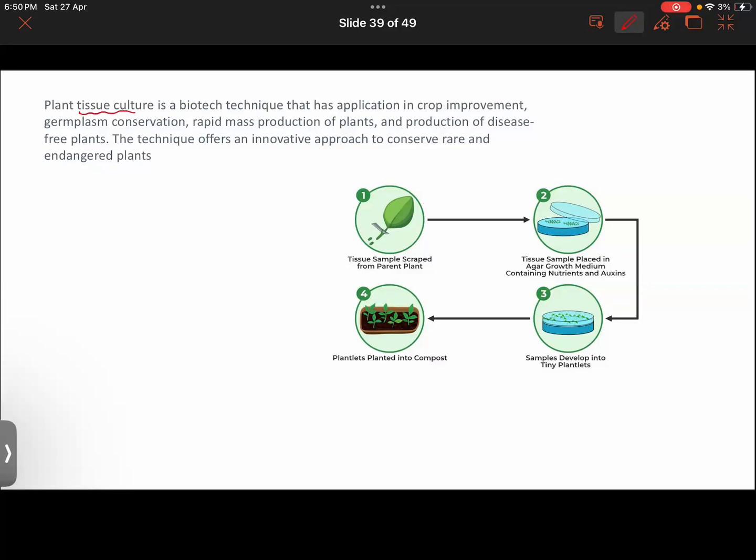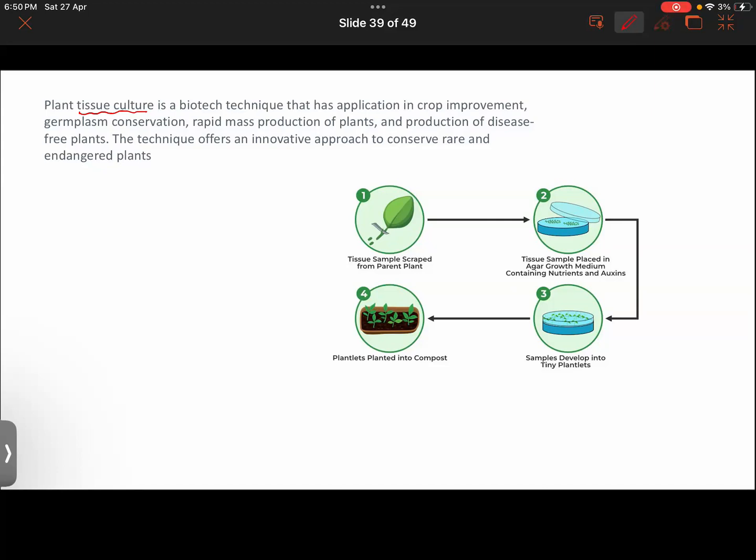What is tissue culture? Tissue culture in general is a technology in which you take some sample from the body of the plants and animals, and then you keep it in a medium where you provide all necessary enzymes, all necessary hormones, so that it can grow in that medium.